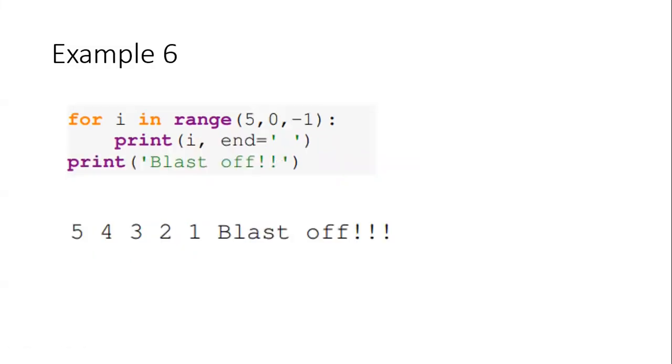The purpose of this end equals empty is to keep the gaps and produce the output horizontally, sorry, horizontally like this, and it keeps that gap. Otherwise, this will be produced vertically. Vertically means you get the 5 and then the 4 and then the 3 and then the 2 and then the 1 like that. That is changed because of this end equals empty.